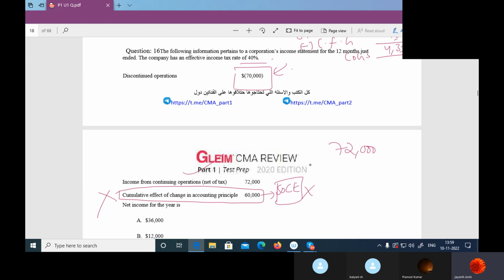Here we can get some tax refund in the future. Because it's a loss, less discontinued operation: 70,000 into 1 minus 0.40, that is 60% of this. 6 7s are 42, so we can take 42,000. We'll deduct, and we get 30,000. That is our net income.